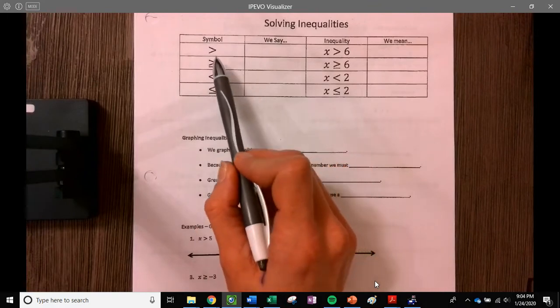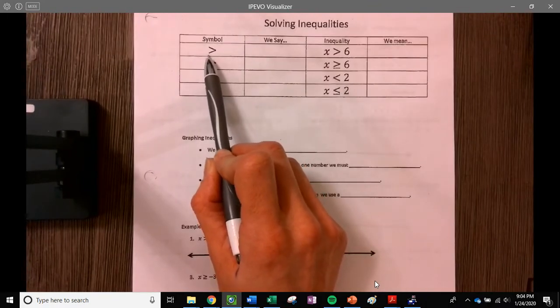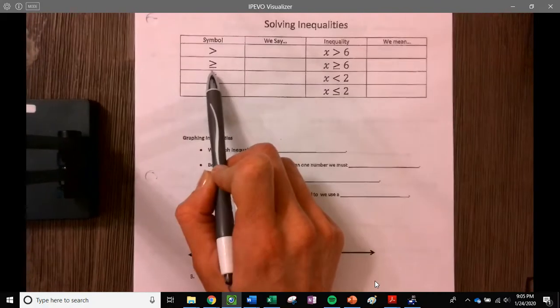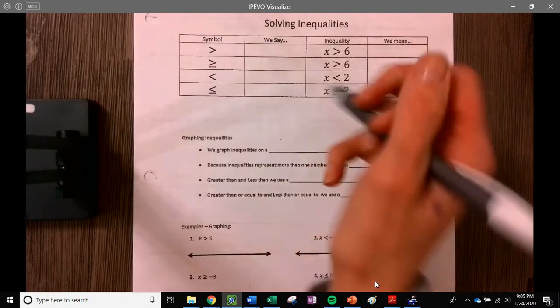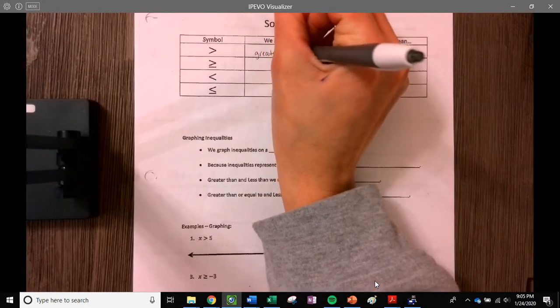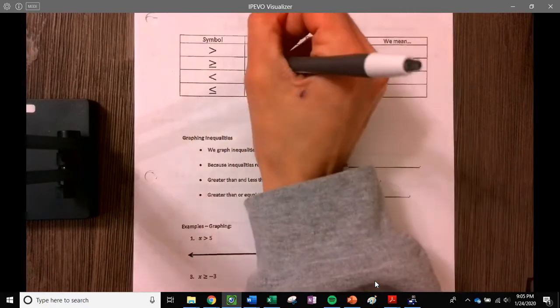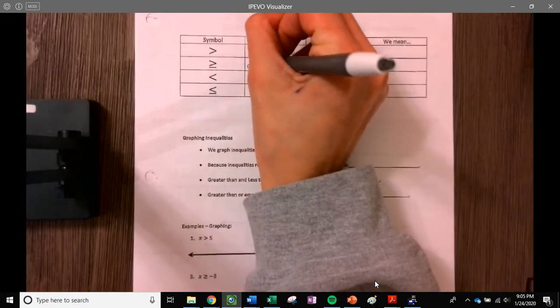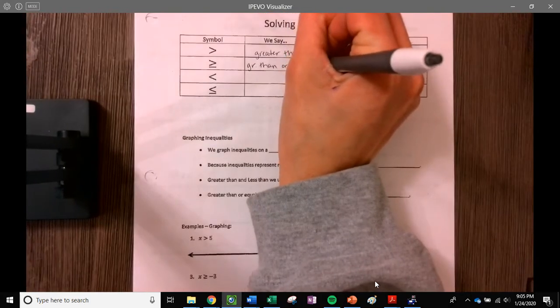So I like to think about it this way: I read something from left to right. Whichever end is on the left-hand side, that's what I'm looking at. So this guy, the bigger end is on the left, it's bigger, we say greater than. And when you have the solid line underneath the sign, that means greater than or equal to.